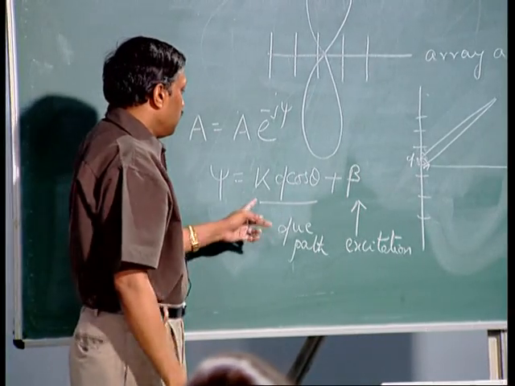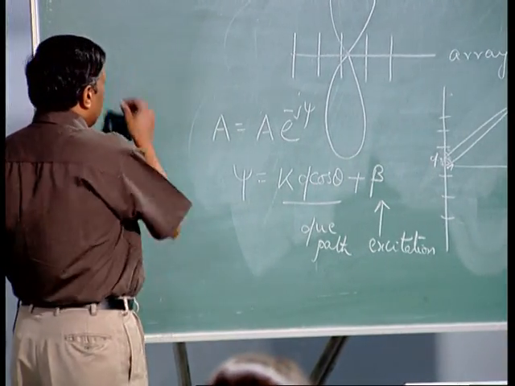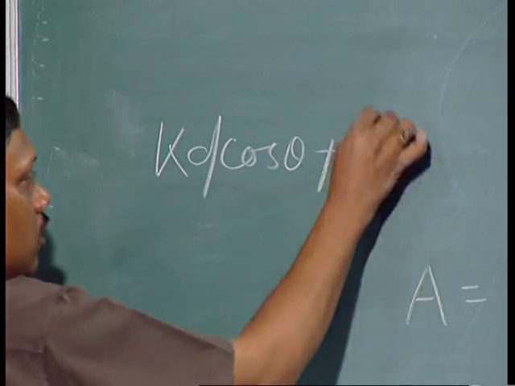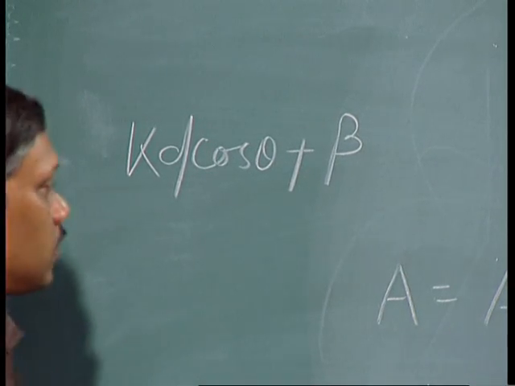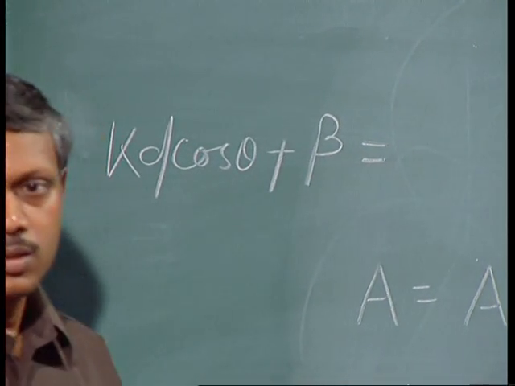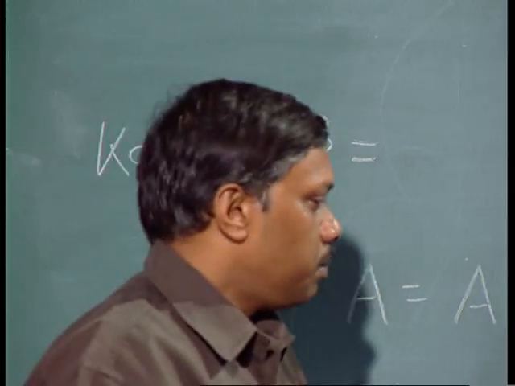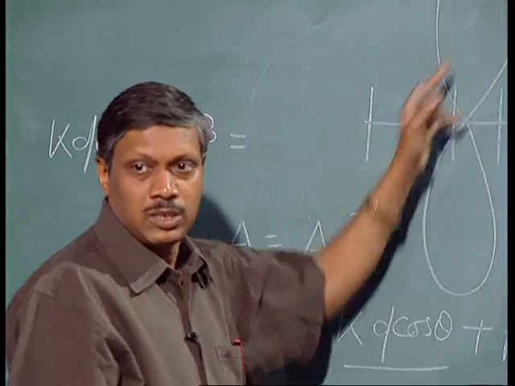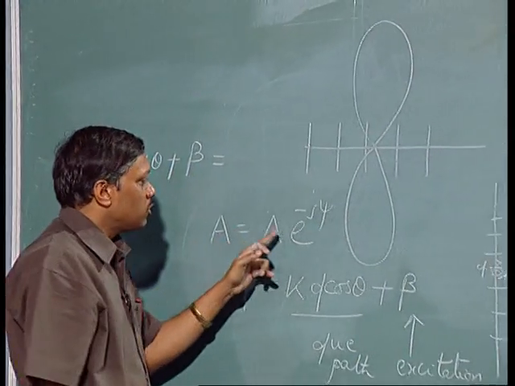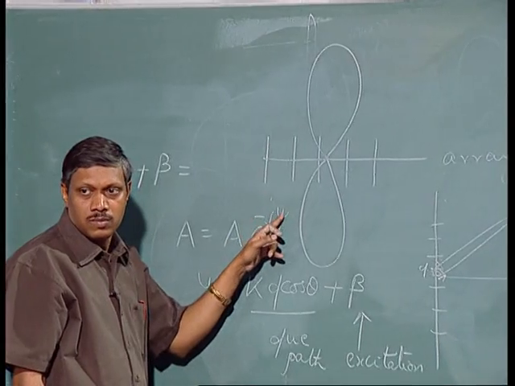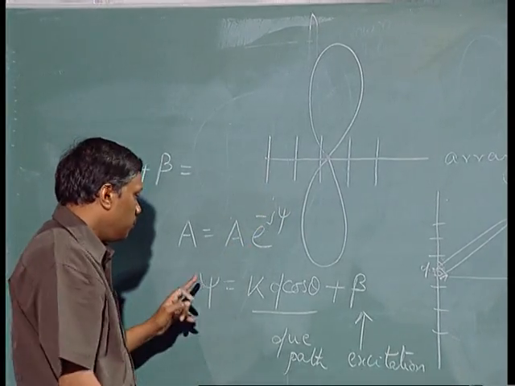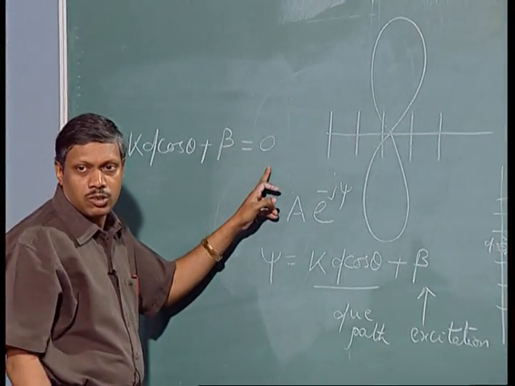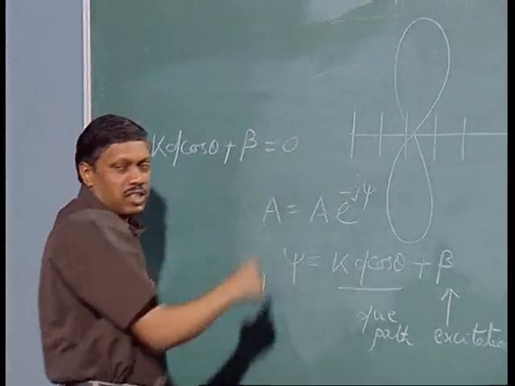Now, this is k d cos theta plus beta. If we are going for the direction where the amplitude is maximum, then this should be 0. So, if we make this 0, k d cos theta plus beta should be equal to 0. But in which direction are we now trying to find out?